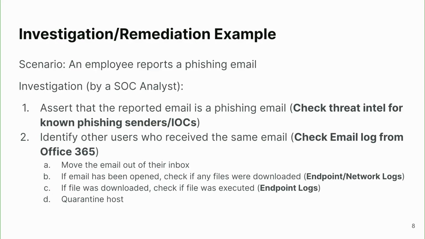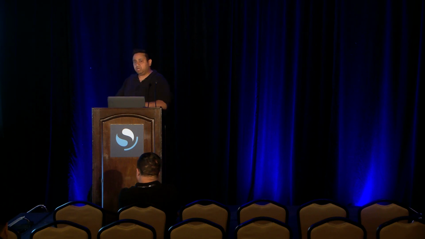And finally, worst case, you might want to quarantine the host. So as you can imagine, this is an investigation and remediation process that's multi-step, right? It's not a single search and you find the solution. Just wanted to lay this out there to show you the different types of workloads that one needs to implement on top of a security lake to be effective.